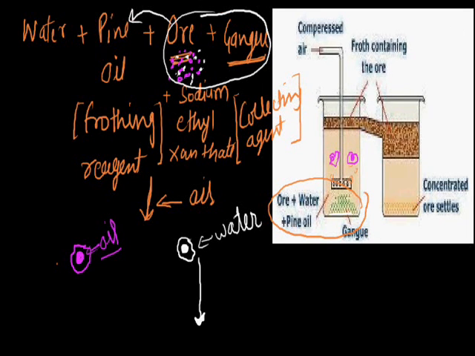When bubbles go up, the sodium ethyl xanthate attracts these bubbles to the ore particles, and the bubbles stick with the ore particles. When the bubbles come on top, they carry the ore particles, so the ore particles are collected on the surface.